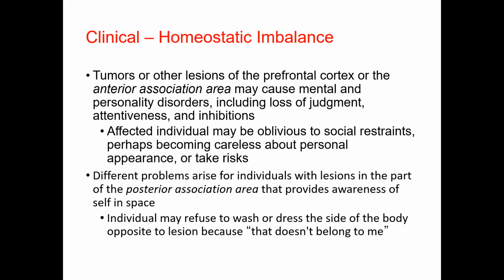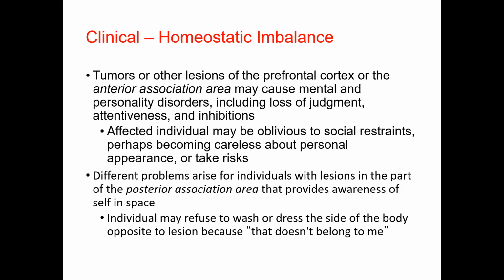Now, there are things we do in public and there are things we don't do in public. And they may all be gone. A lesion, a tumor in the anterior association area may be driving all of this. Damage to the association area may show up in changes in behavior. You know, trauma to the anterior association area can drive this.